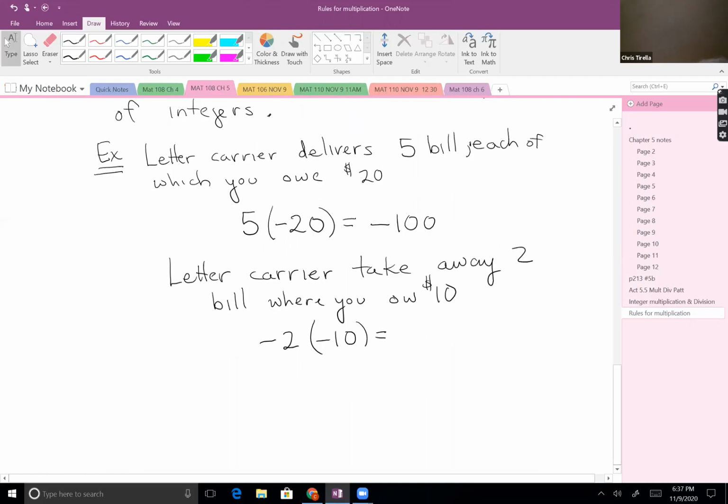And so if he takes away that debt twice, it's to your advantage of $20. I think this last one's a little bit of a stretch. Usually the mailman doesn't take away your bills, but it's a way of explaining that idea that taking away debt, that double negative type of thing, would give you a positive result.